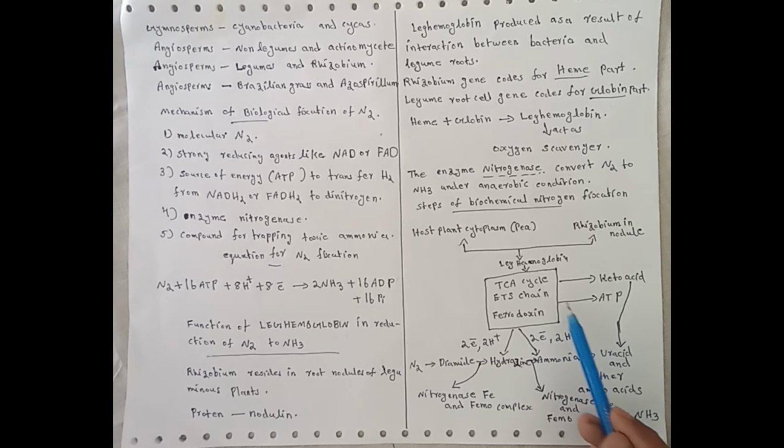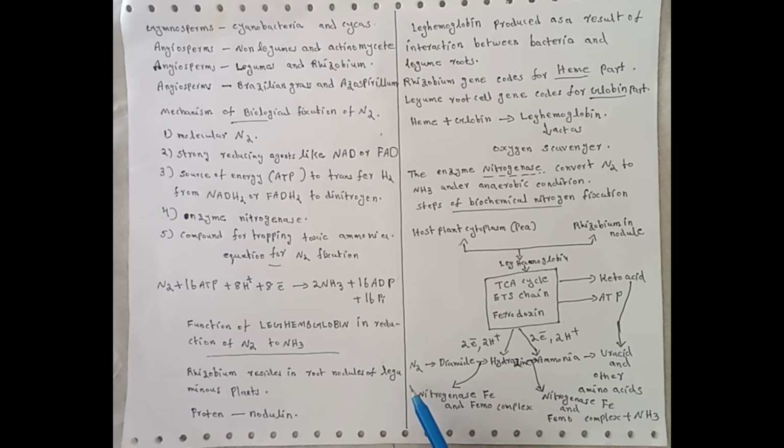Then some keto acid and ATP come out, which also form amino acids. From this TCA cycle, 2 electrons and 2 H plus ions are formed.